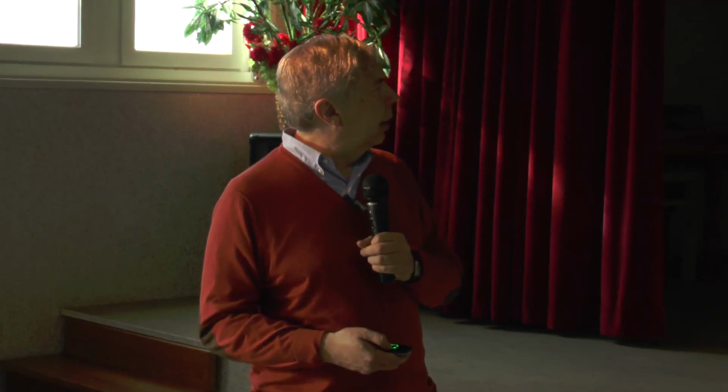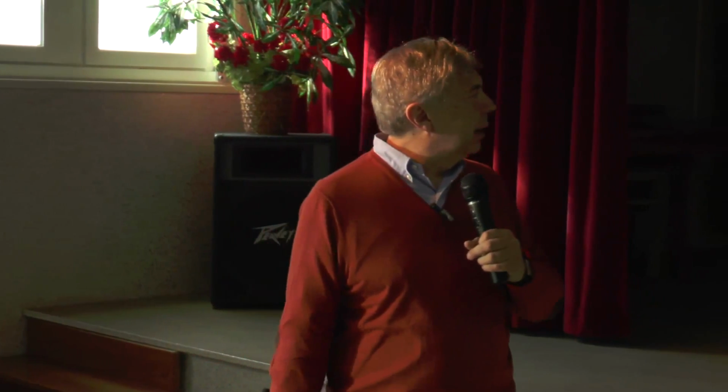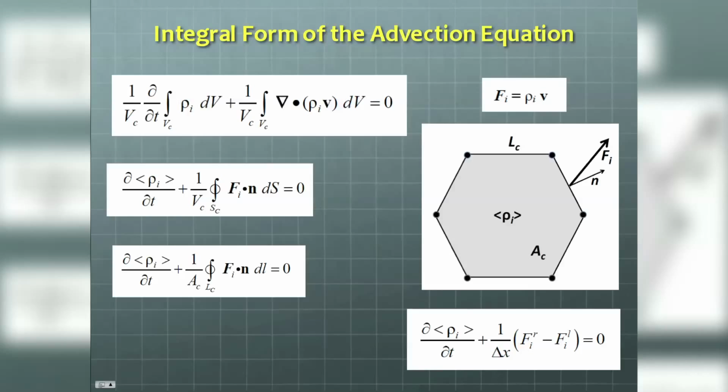By the way, there are integral forms of the equation. If I have a kind of complicated grid, like the one shown here, this is a hexagonal grid, and I showed you today we start using hexagonal grids or icosahedral grids. In this case, I like to integrate over a volume, if it's a volume, or an area, if it's a two-dimensional grid.